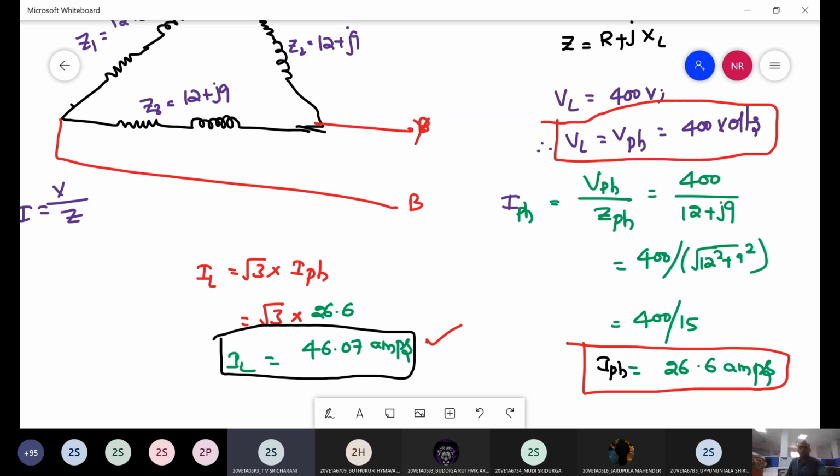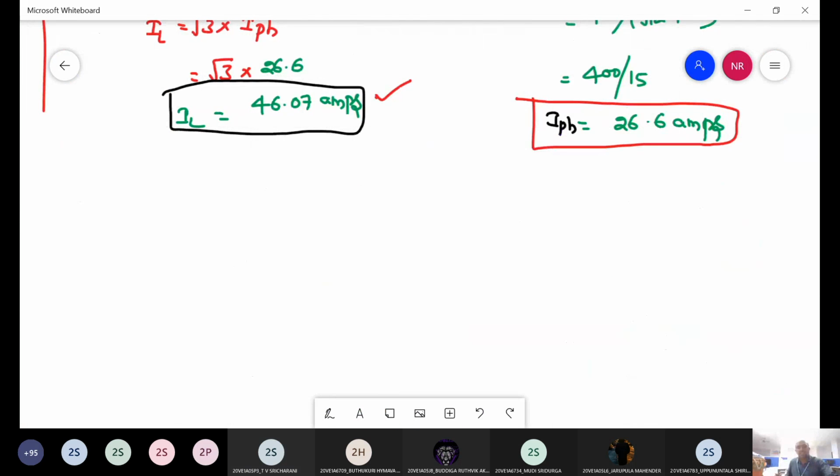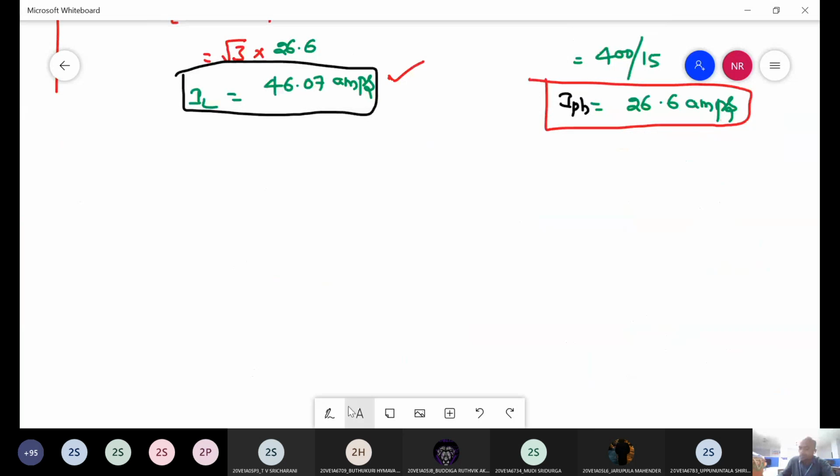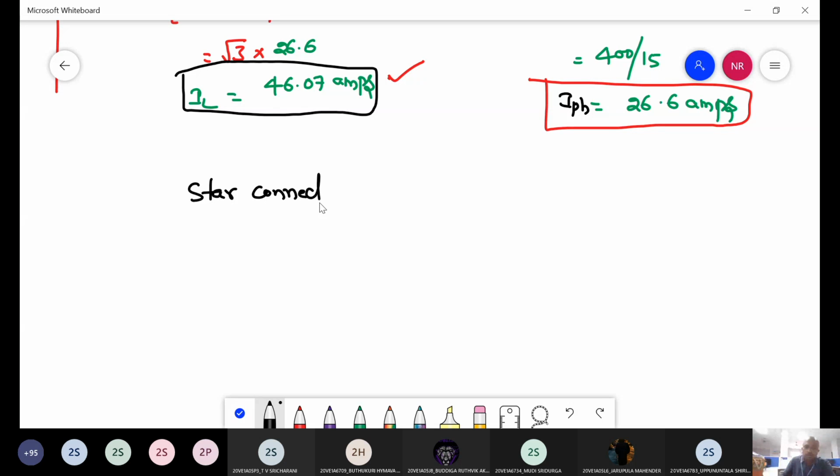Once again I'm telling, the only thing you have to remember is star connection and delta connection. In star, current is the same. The only one point to remember, IL is equal to I phase.